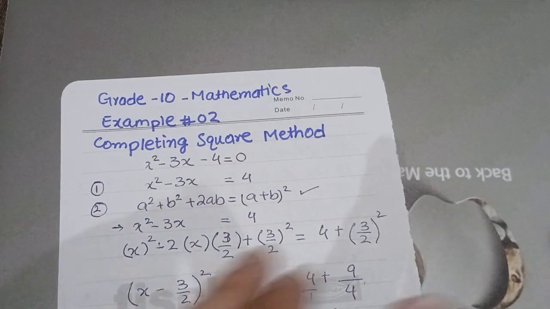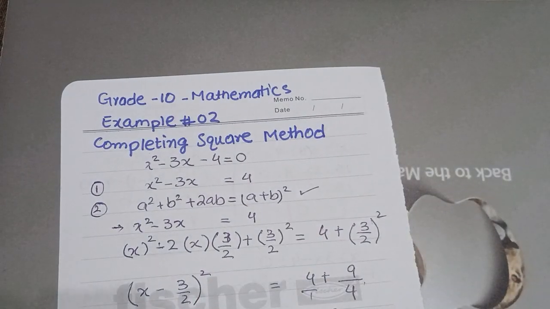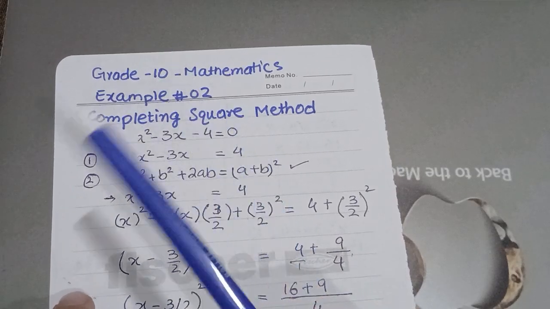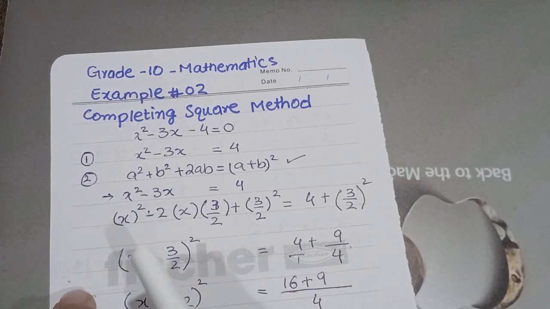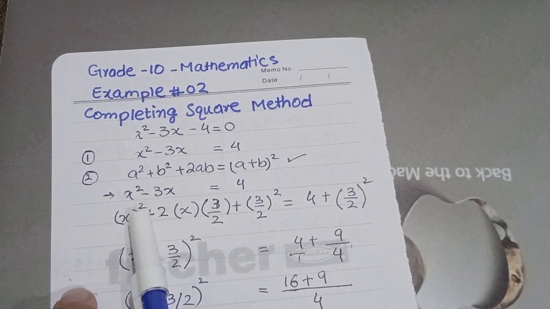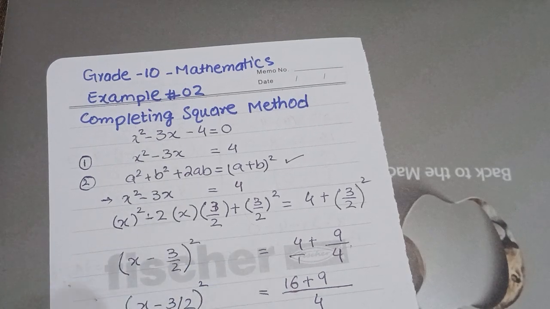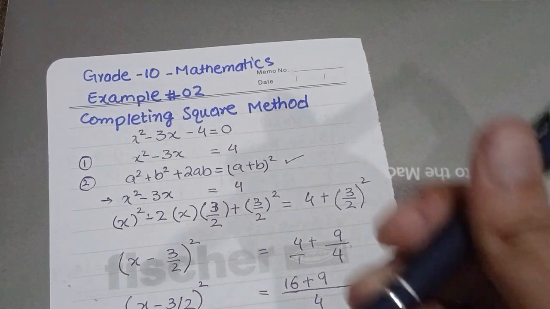We have seen this problem by the completing square method, in which first we try to complete the square using a plus b or a minus b whole square.